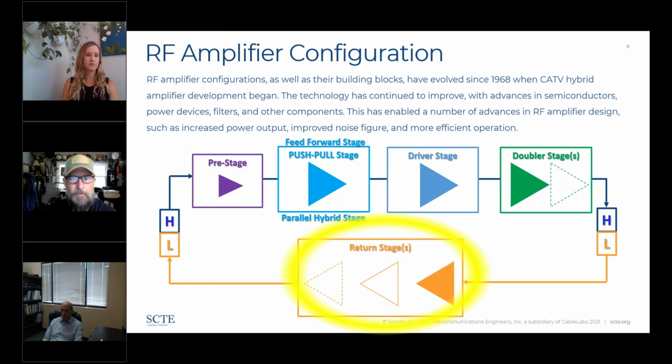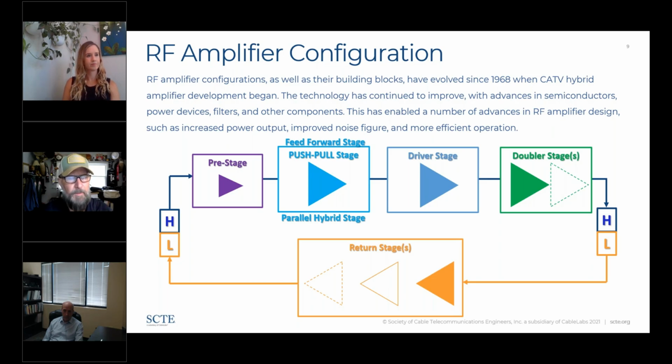On the return configuration, the bandwidth has increased at a lower scale. The stages started with 1, then the 1.2s, as we know them today, have 2 stages, and as we go to ultra high split, it's going to require an extra stage.